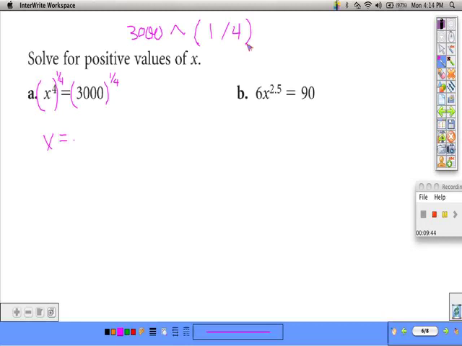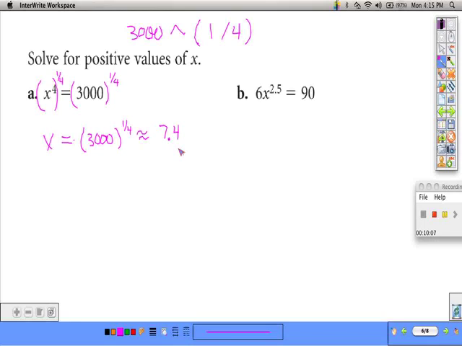And then close the parentheses. And this doesn't work out evenly. The exact answer would be the 4th root of 3,000, or approximately 7.4.